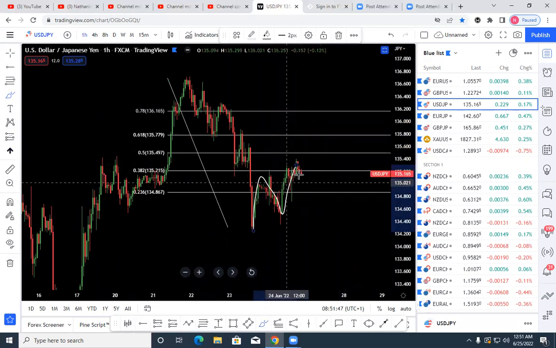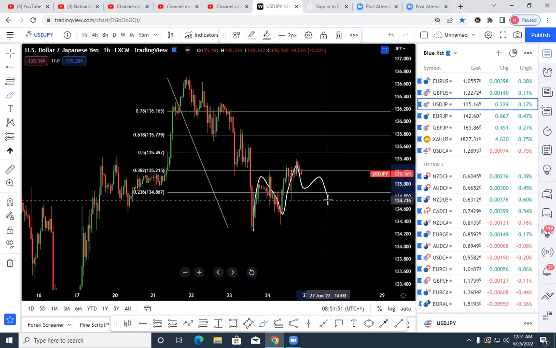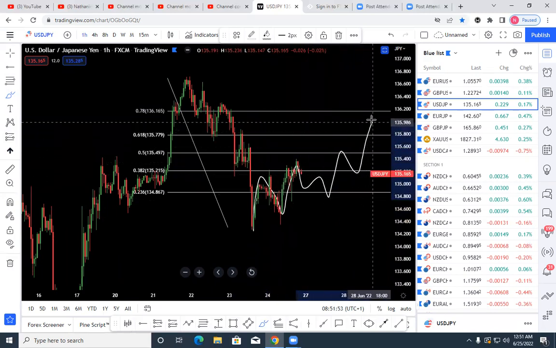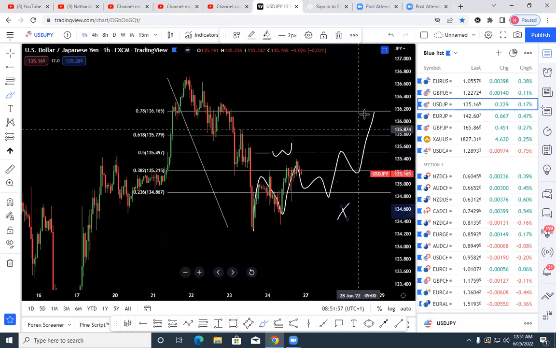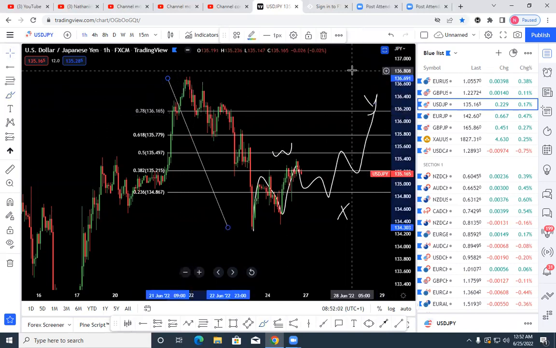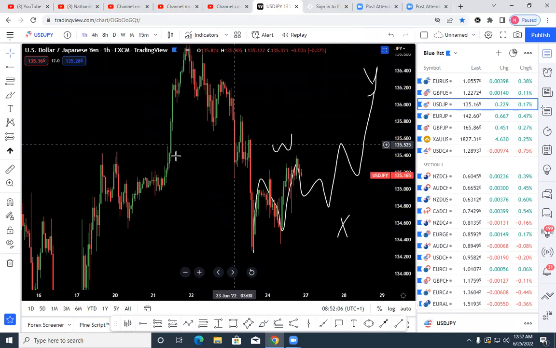And since this 1, 2, 3 move has not gotten to our structural level, expect another 1, 2, 3, and then another 1, 2, 3 push to the upside. So this becomes W, X, and Y. This Y has gotten to what? Where? 78. So now what you have to do is very clear.